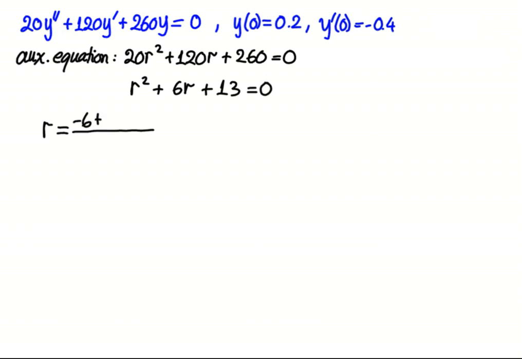Negative 6 plus or minus the square root of 6 squared minus 4 times 1 times 13, divided by 2 times 1. 36 minus 52 is negative 16.